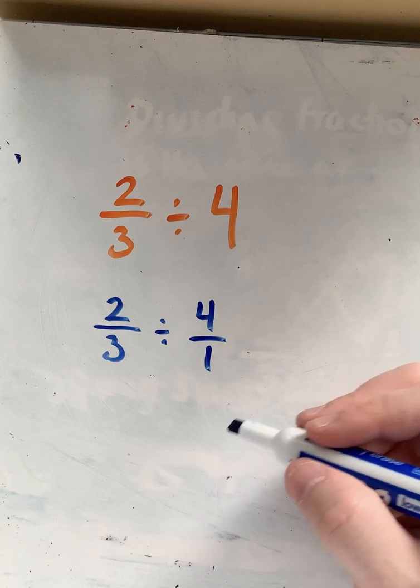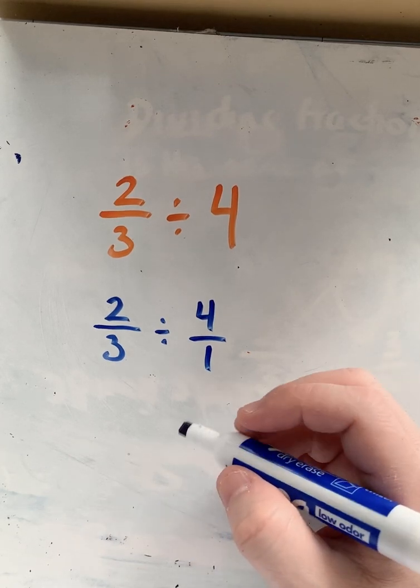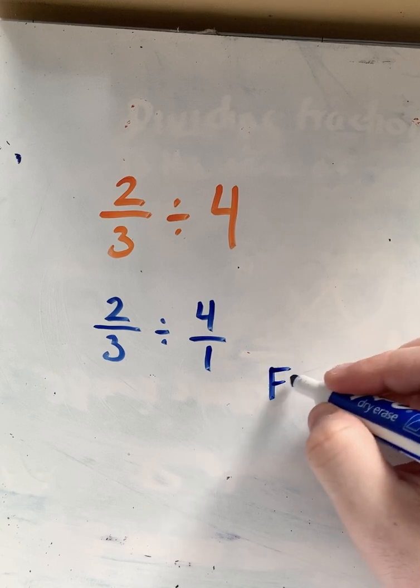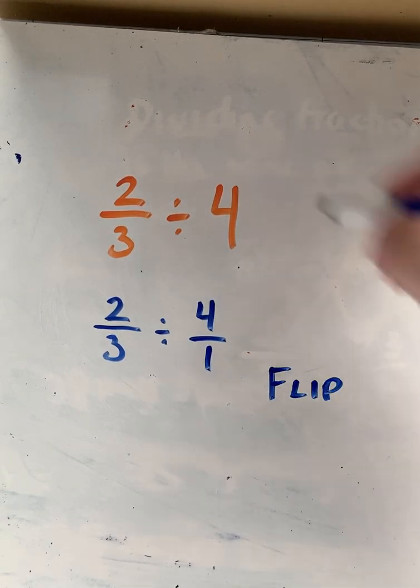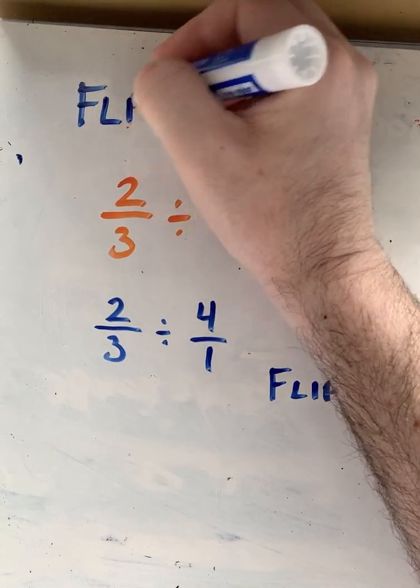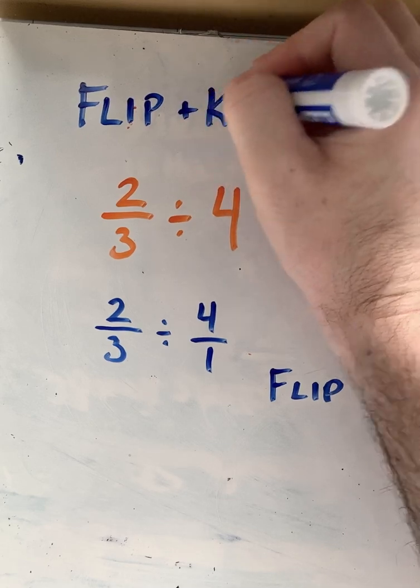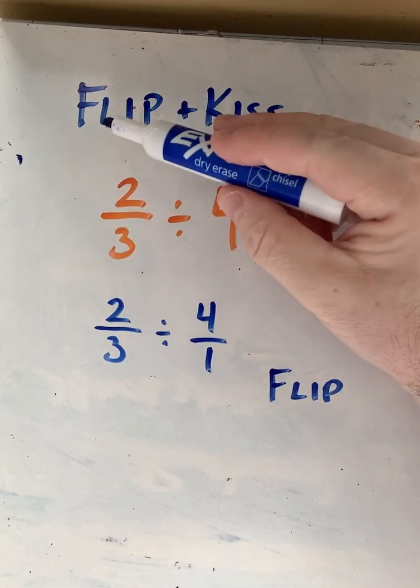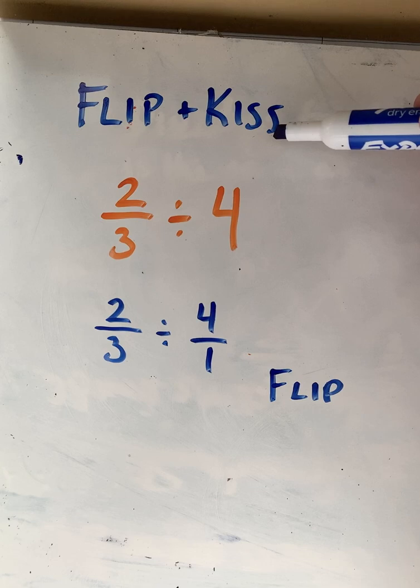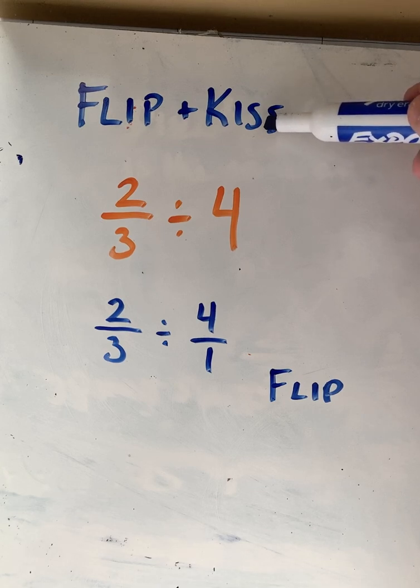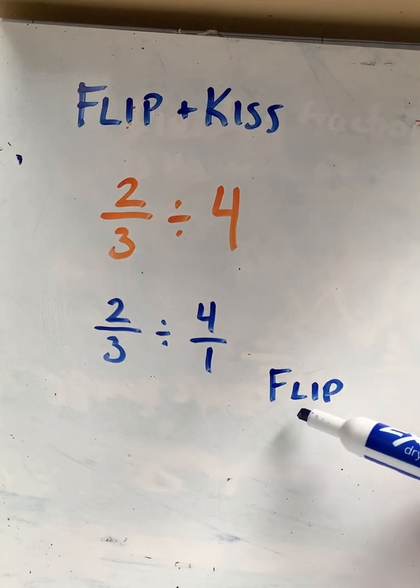What I'm going to do now is the next stage, which is what we call the flip stage. So in dividing, we're going to be learning about something called the flip and kiss. This part, cool. This part, not until you're 18, but for the math's sake, we're going to do today. So we're going to do the flip part.